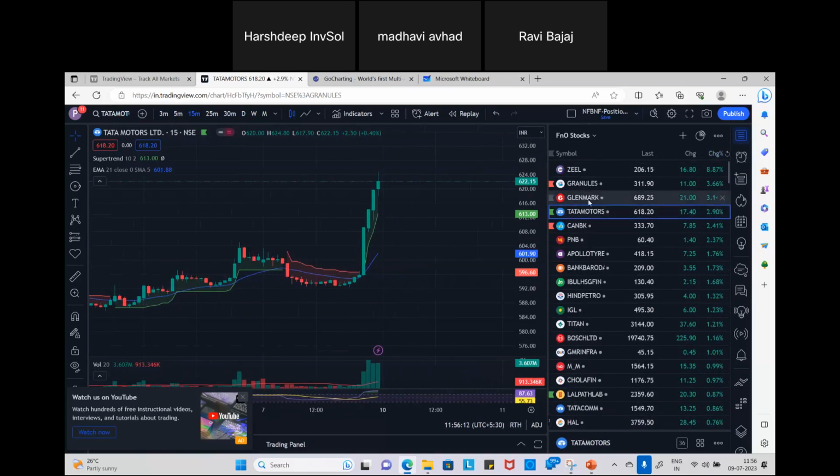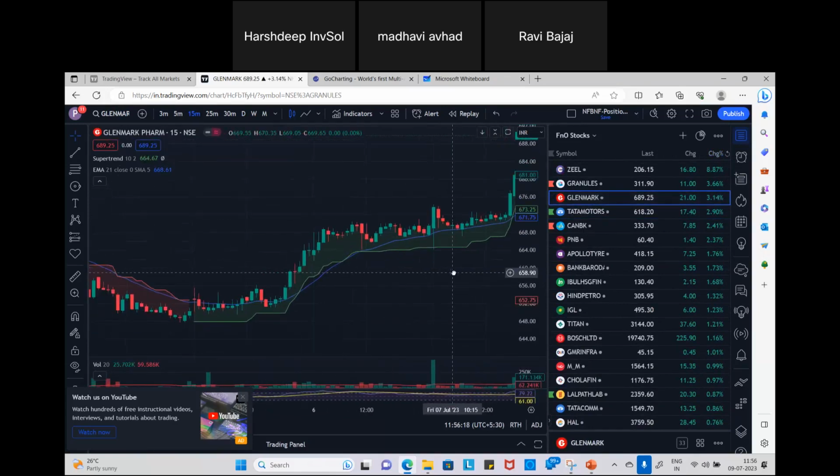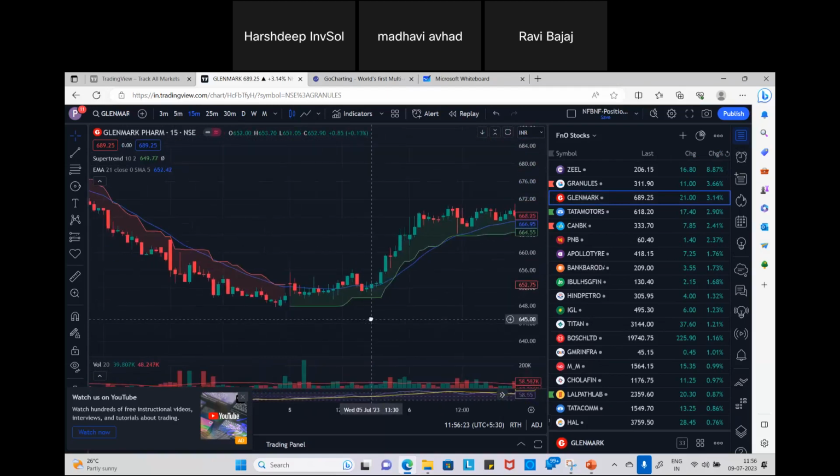So we will see Glenmark Pharmaceutical. Okay. So when was it? 6th. It has given you the trade. If you look at this, the candle has closed above the small bearish trend.